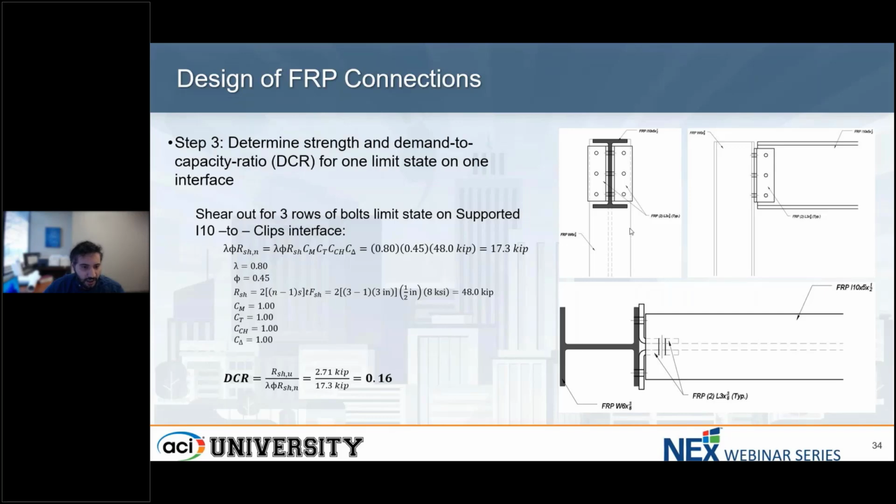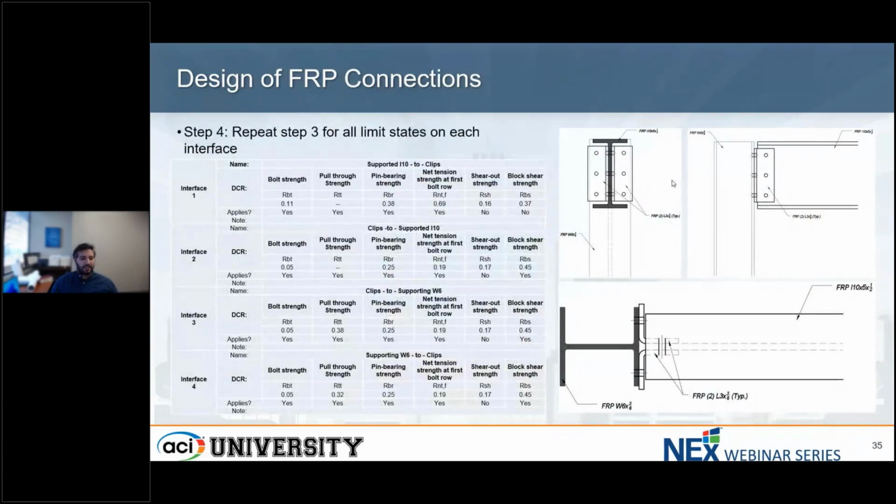And as I mentioned, when you complete your calculation for each of the limit states and each of the interfaces, you might end up with a table like this one, in which you have 6 limit states for each interface, 4 interfaces. We end up with the 24 limit states that we were mentioning before.